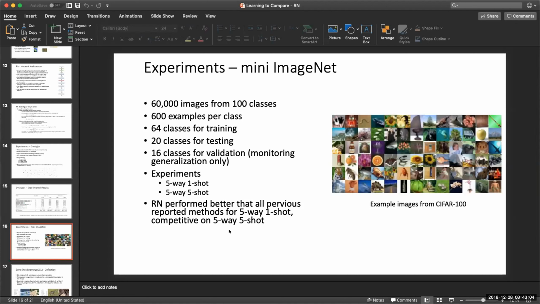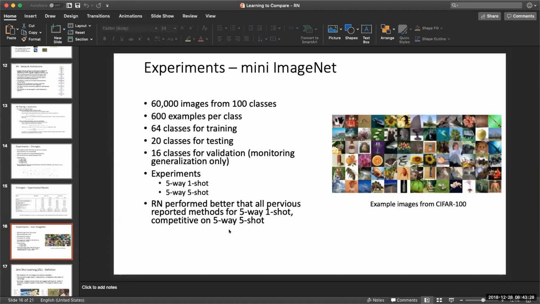However, it's not the best on 5-way 5-shot, but they say that it is competitive. So if you look at the column in the paper, it's not the best, but it's in the top 2 or 3.